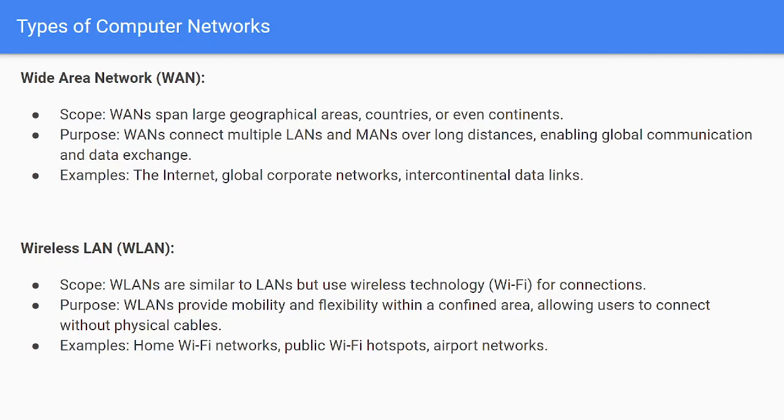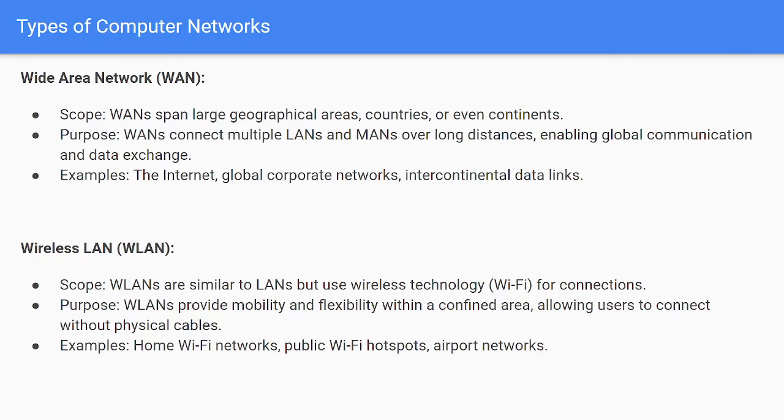So basically, just know that a LAN is the smallest unit. Let me say the whole one. Local area network is the smallest unit. Metropolitan area network is the one after local area network. It's a connection of different local area networks.